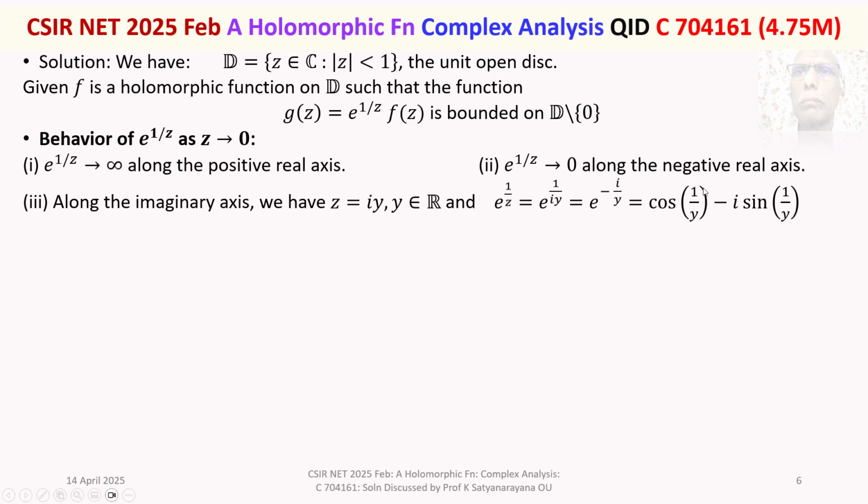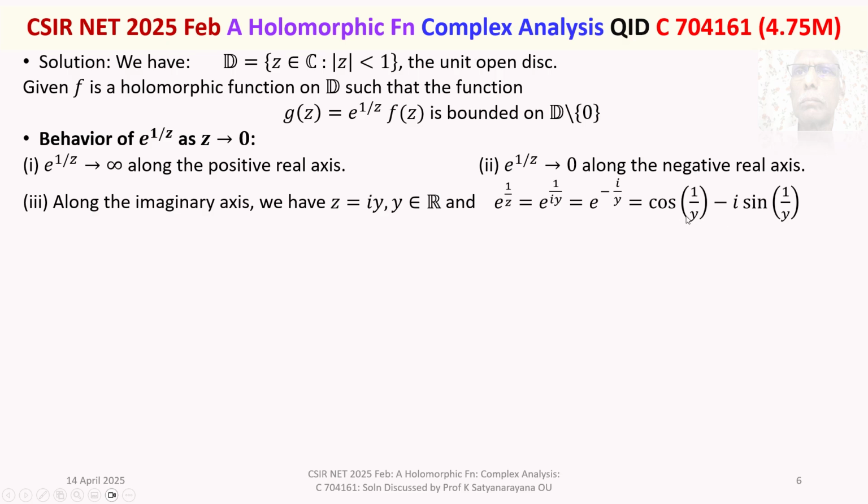Then it is cos 1 by y minus i sin 1 by y. Now as z approaches 0, y approaches 0. What happens to cos 1 by y and sin 1 by y? These values will be oscillating.